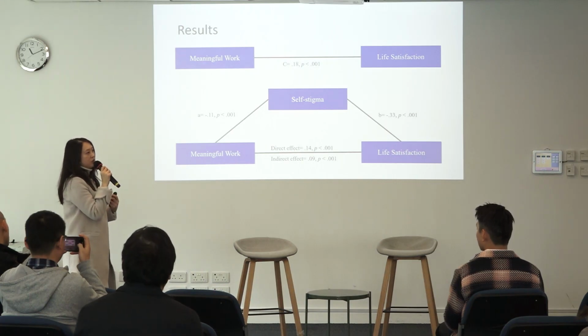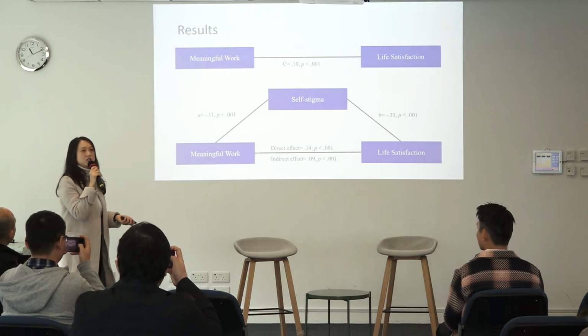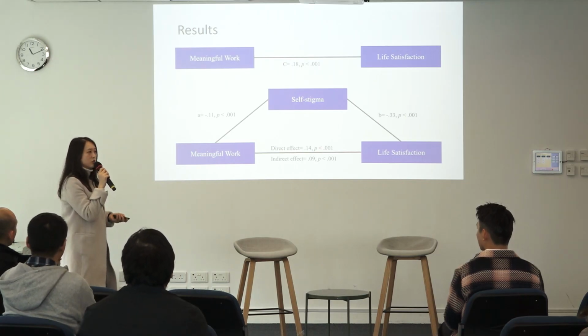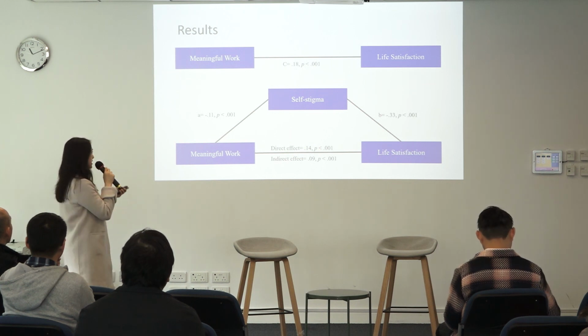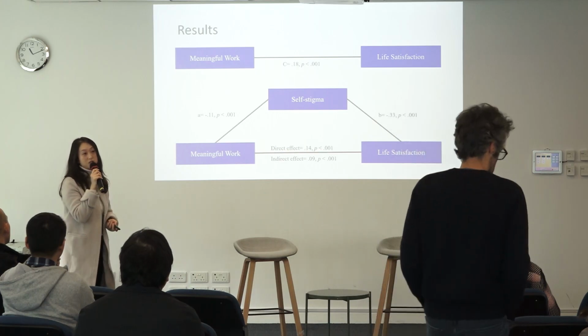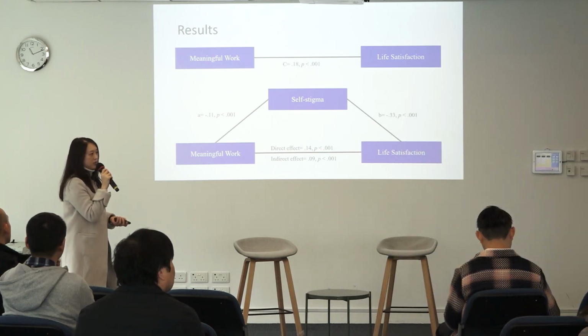Of course, a limitation is that this is a cross-sectional study and not a longitudinal one, so there are some limitations with causation, but at the very least we found a mediating effect for self-stigma on life satisfaction.